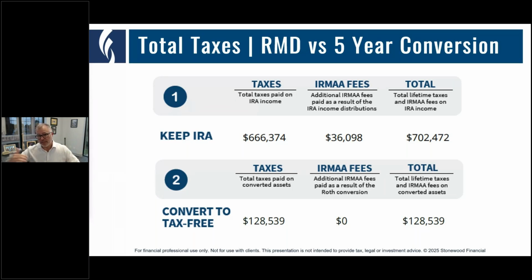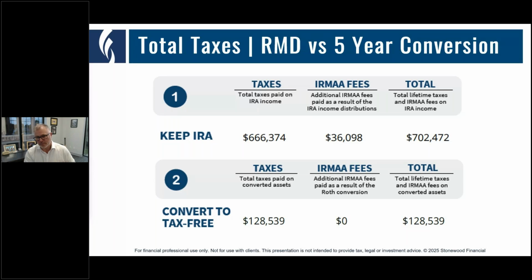This tells me that later on, when the RMDs clipped up, that's when the surcharges came in. So if we're able to convert before those are in play, then we're doing something pretty good here for this particular client. Again, all of these numbers are going to vary greatly based on your specific client, but I'm just using this as an example. So I ran my Roth Done Right analysis here for the 65-year-old couple.